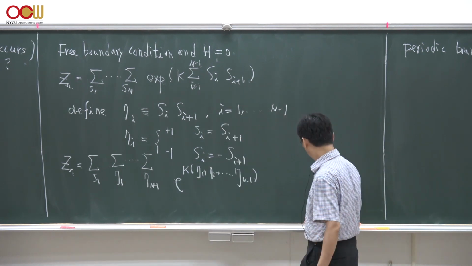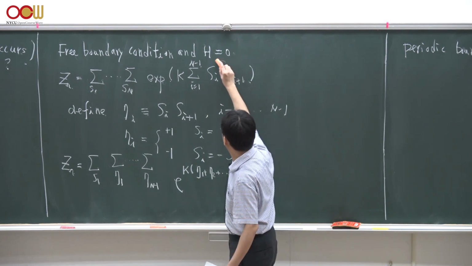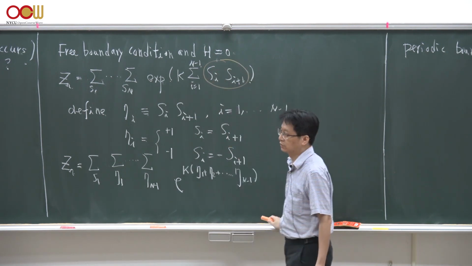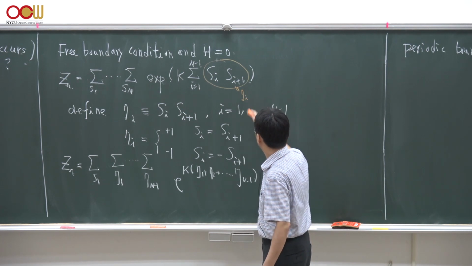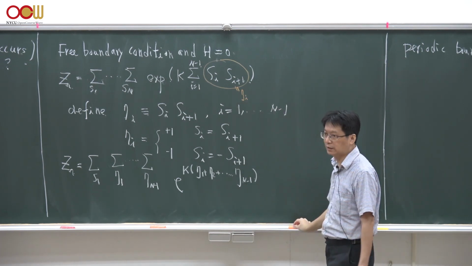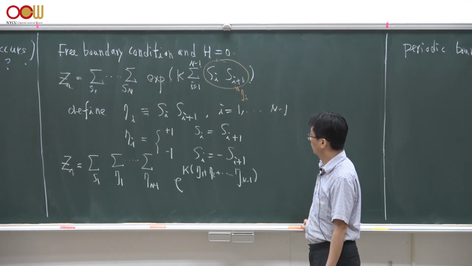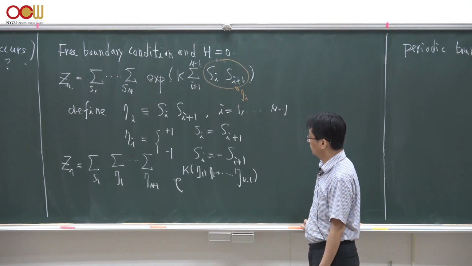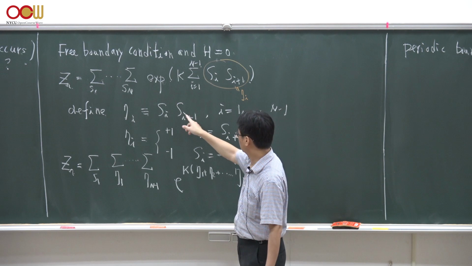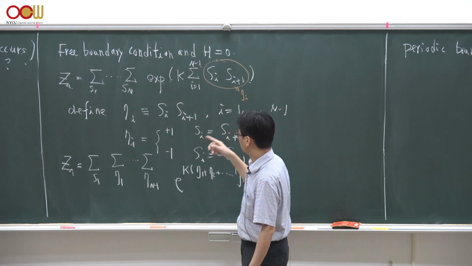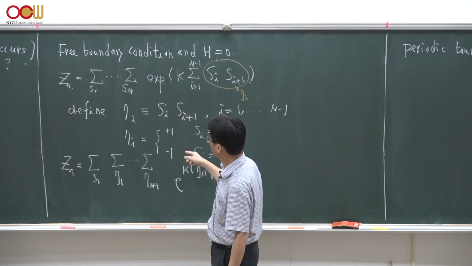So effectively, we could simply redefine the product between the nearest neighbor Ising spins as a new independent variable, eta_i. When we sum over, starting from S_1 times S_2, which is eta_1, and eta_2 and eta_3 and so on.